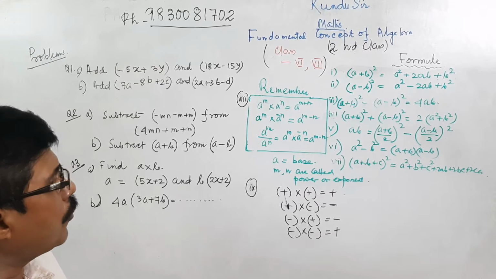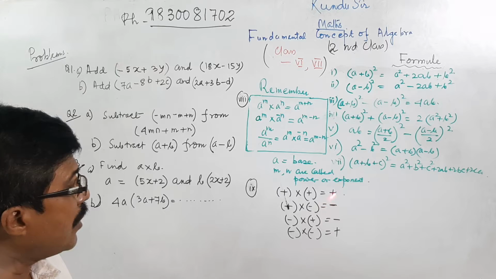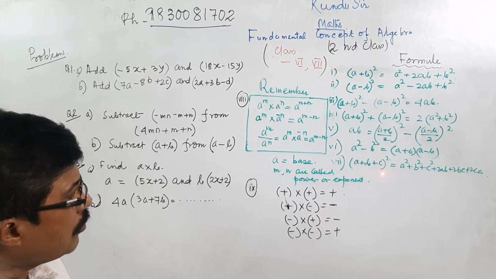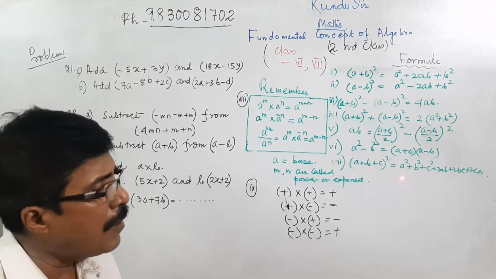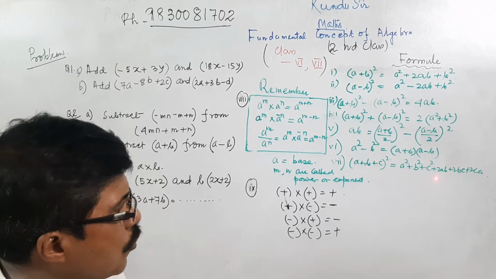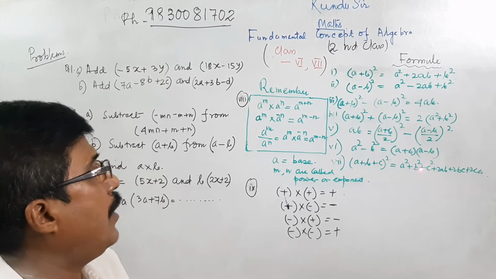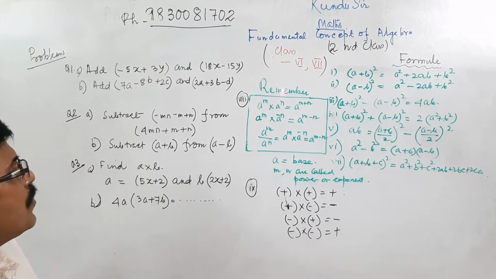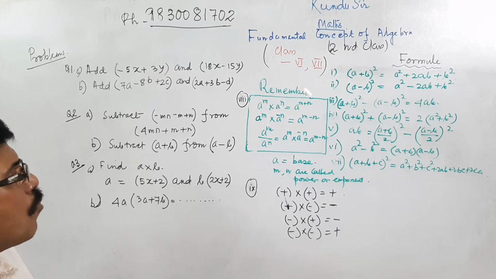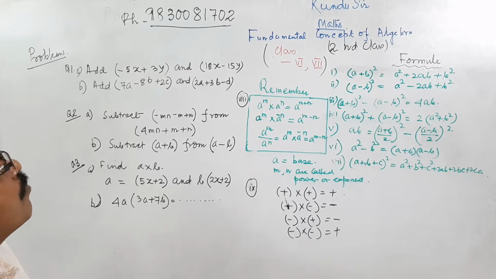A lot of formulas, class by class I will explain. Now: (a plus b plus c) whole square equals a square plus b square plus c square plus 2ab plus 2bc plus 2ca. Remember this, because it is most important. All of this will be repeated class to class.